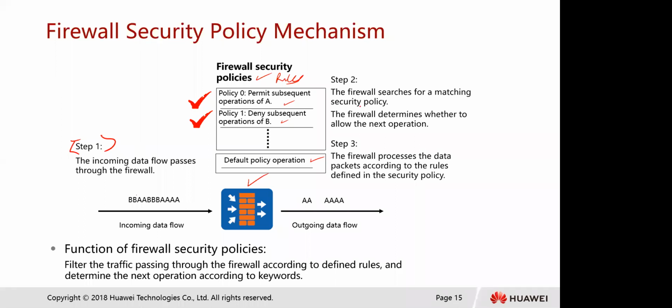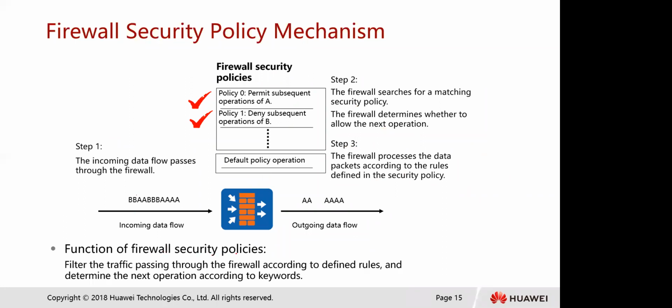The next step, like I've shown you here, is that it searches for a matching security policy within the policies you have configured, and the firewall determines whether to allow the next operation. The third step: the firewall processes the data packets according to the rules defined in the policy. If you want it to allow, it will allow. If you have configured deny, it will deny.